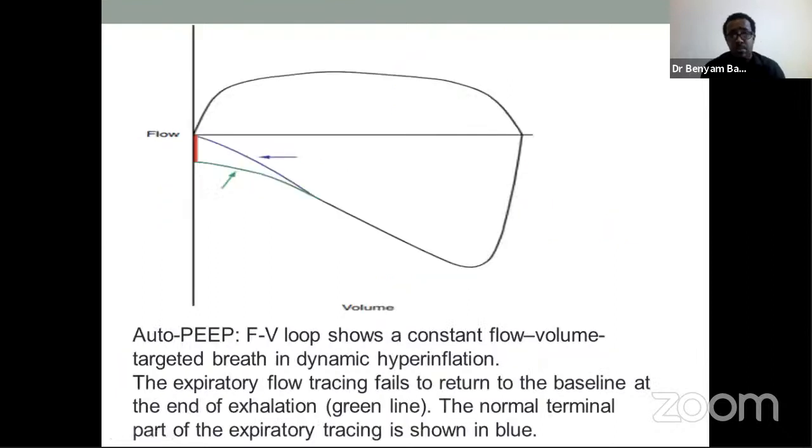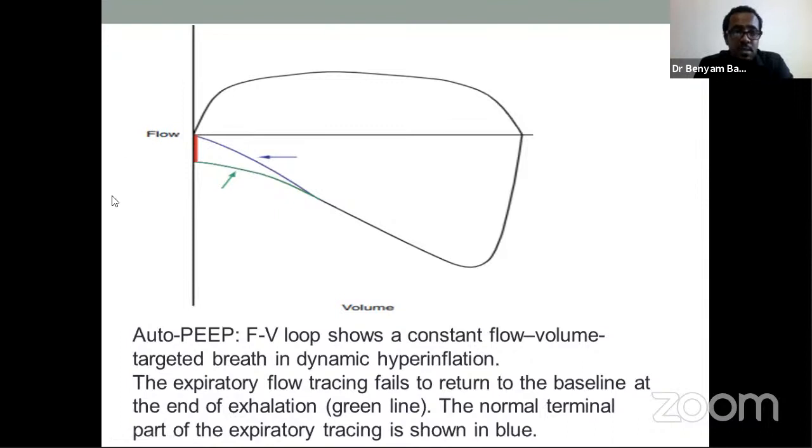We will also be able to assess the presence of auto PEEP or air trapping. Normally we expect the flow to come to zero, then it will cycle to inspiration.